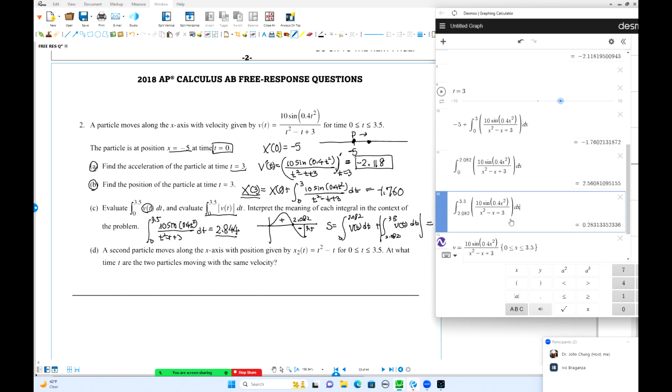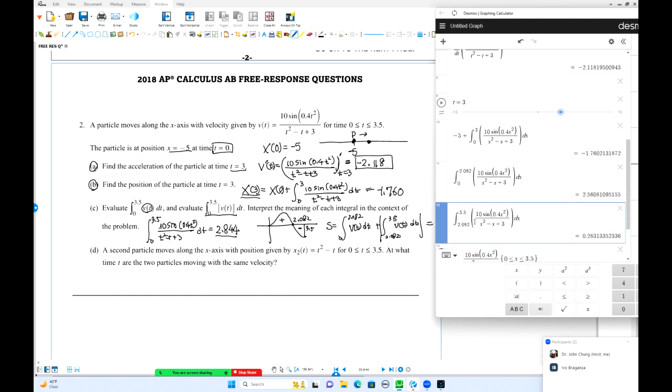But this one should be negative number. This is positive number. That is negative velocity. It can be positive here. I prove here, absolute value? No, right?